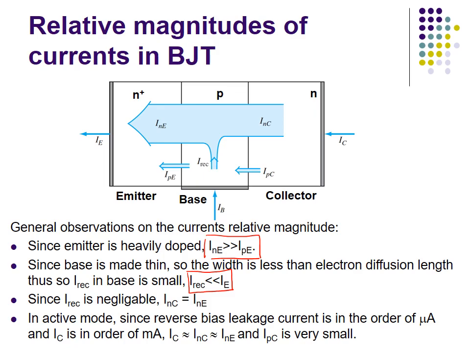Since IRAC is negligible, INC is equal to INE. In active mode, since reverse bias leakage current is in the order of microampere and IC is in the order of milliampere, IC is almost equal to INC, which is almost equal to INE, and IPC is very small.